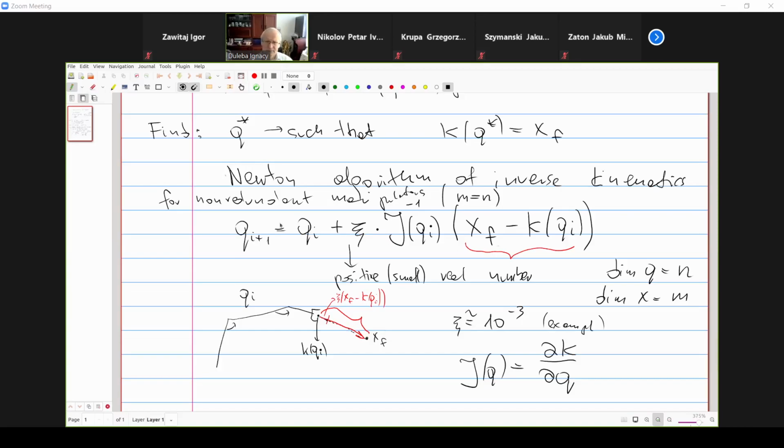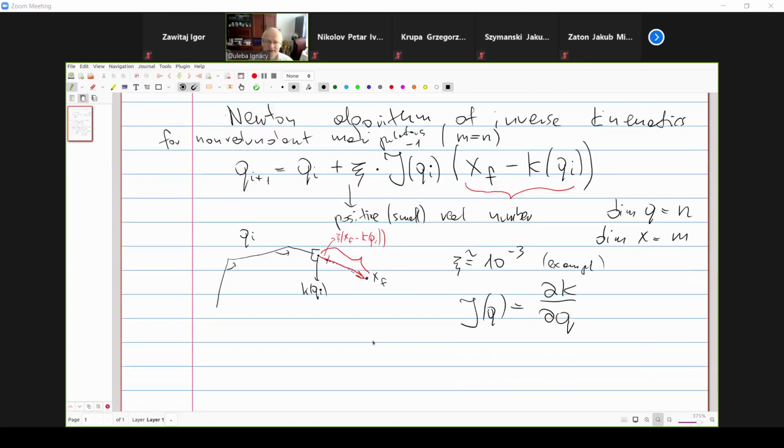Okay, so the idea is quite simple. We need to stop generating consecutive configurations at such a situation when our end effector is close enough to xf.